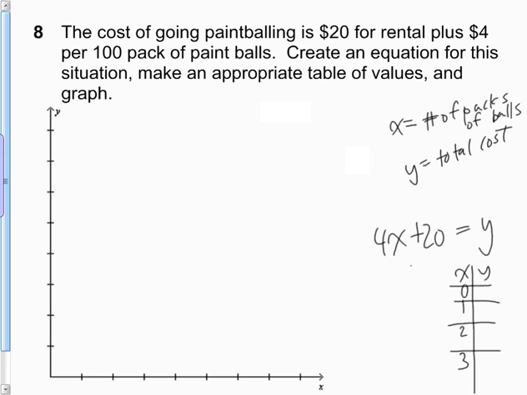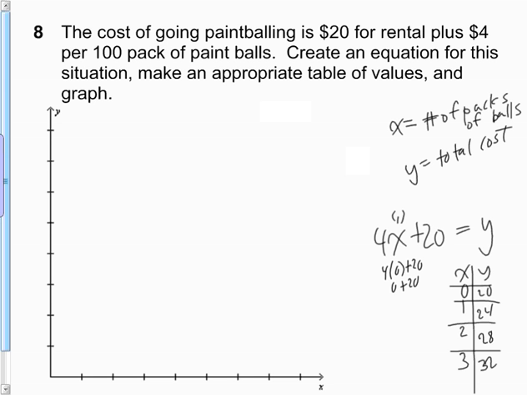If you buy 0 packs of paintballs, how much will it cost you to go paintballing? $20. And I know that because 4 multiplied by 0 plus 20 will be 0 plus 20, which will just be $20. If you buy 1 pack of paintballs, it'll cost you $4 for that. Plus 20 will be $24. 2 packs will be 28, and 3 packs will cost you 32. Okay?